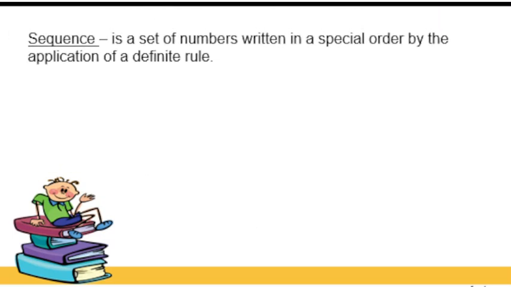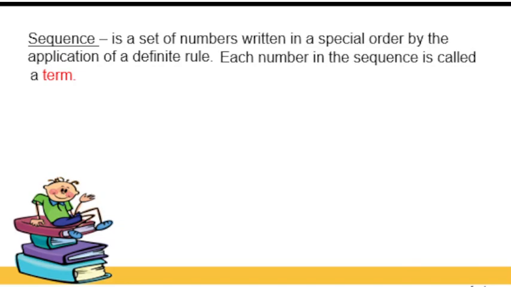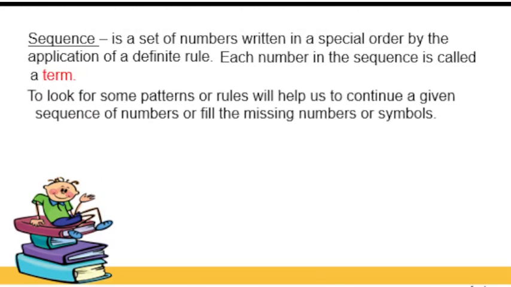Okay, to redefine again, a sequence is a set of numbers written in a special order by application of a definite rule. Again, as I've said a while ago, each number in the sequence is called a term.